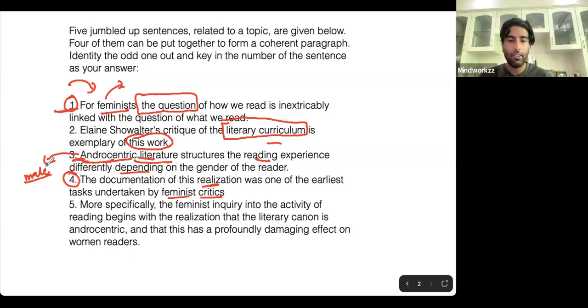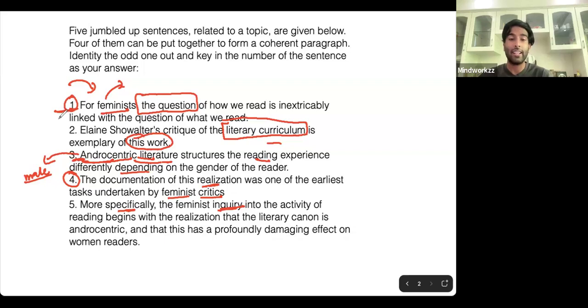Again, let's try to understand sentence five first, then try to solve the question. More specifically, the feminist inquiry. Inquiry, so this is about some kind of questioning of something, right?